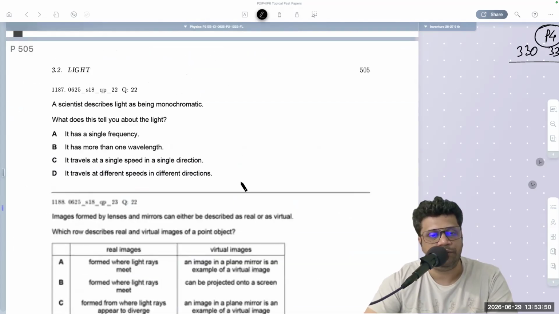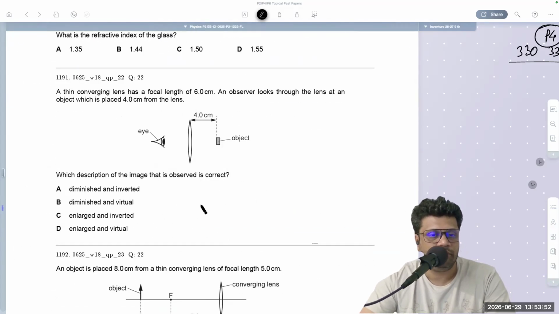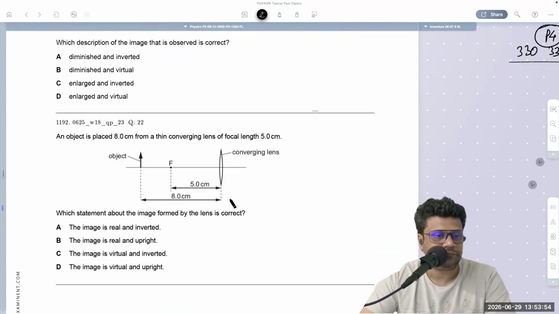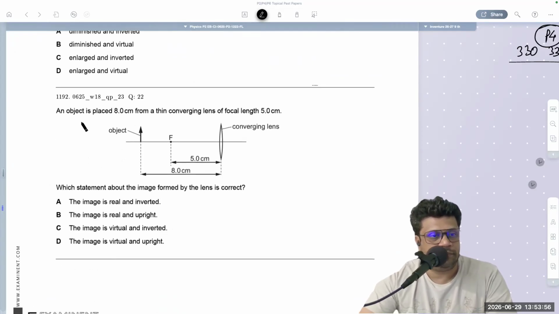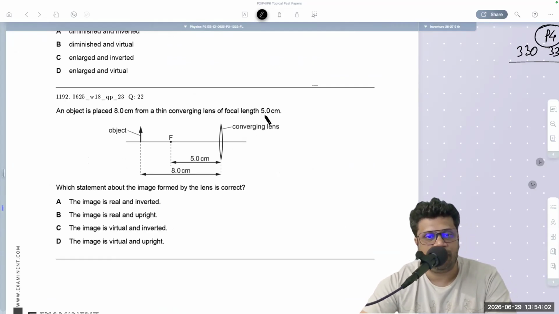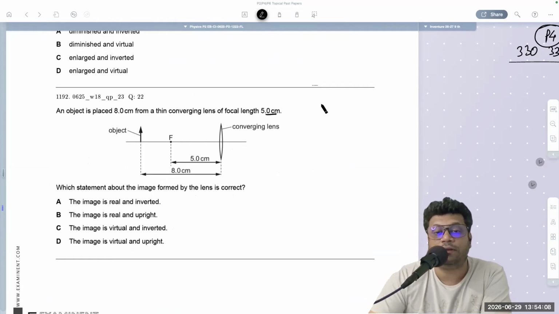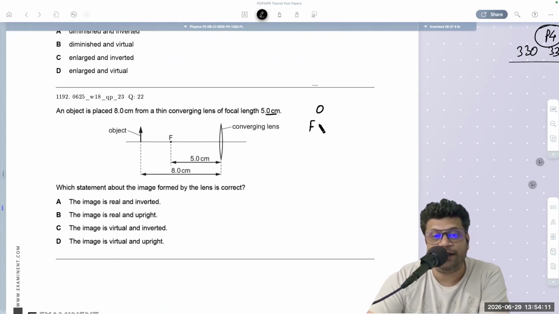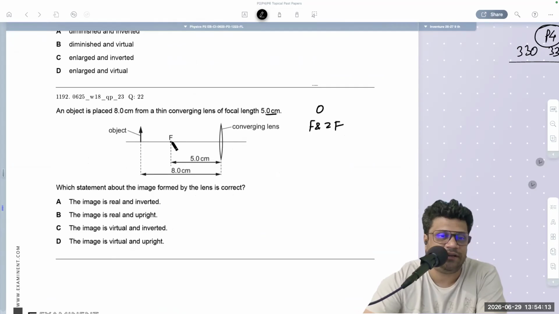This is what I want you to do. The object is placed 8 centimeter from the thin converging lens of focal length 5. Which statement about the image formed by the lens is correct? When the object is between f and 2f, well, that's what the situation is. 2f is at 10.